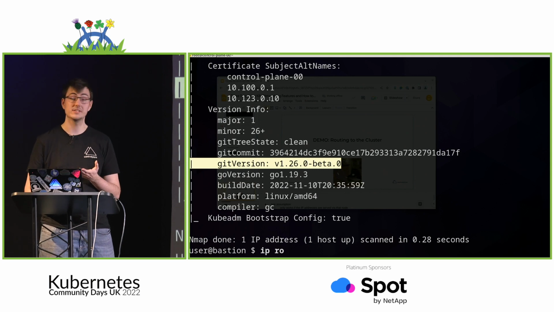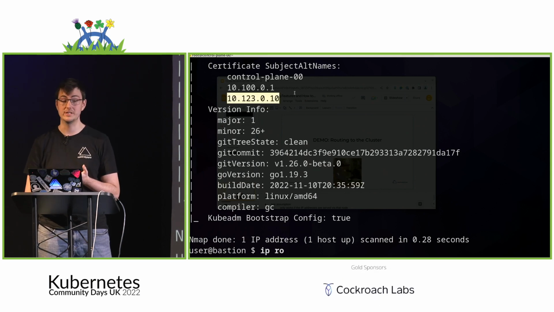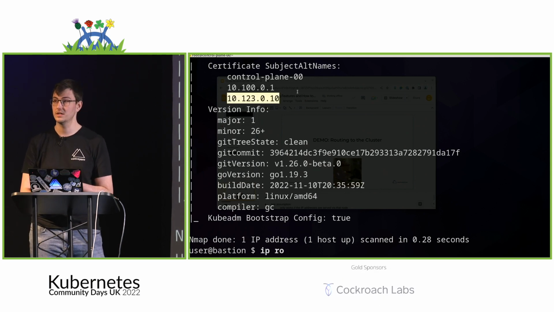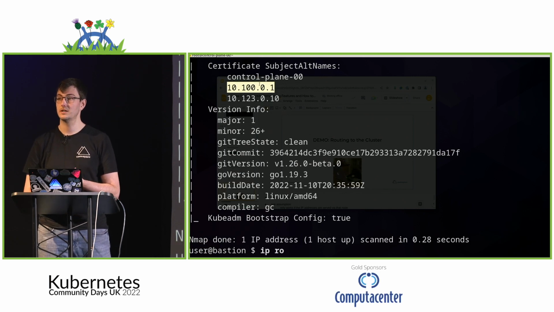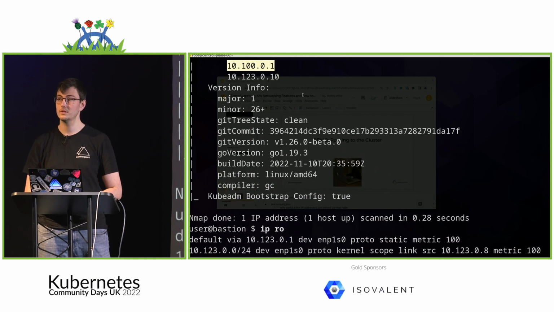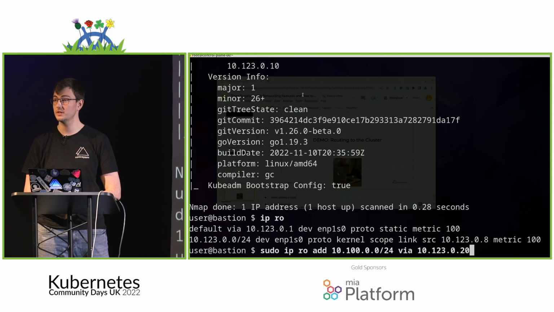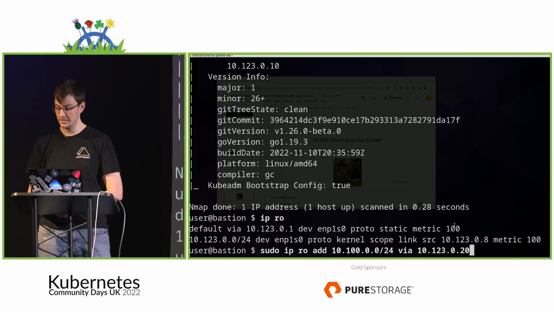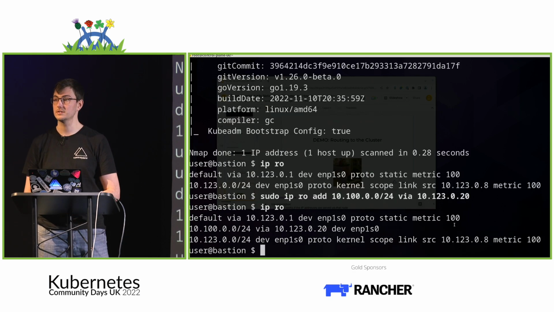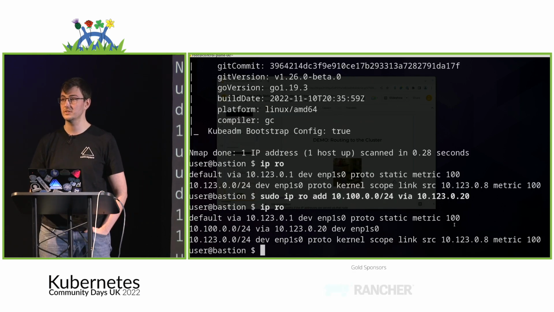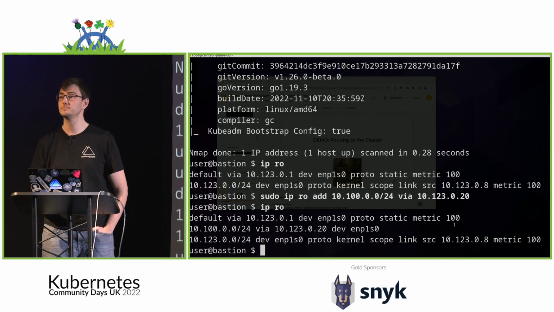Because we're in that same physical network, we know that this one is in the physical network, and this one is a member of the service range. So we'll make an assumption that it's a /24 network and add a route to this via that node, like so. And we can see the route was added successfully on that second line.